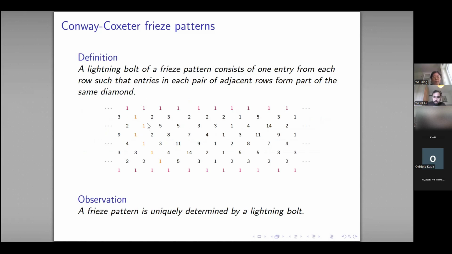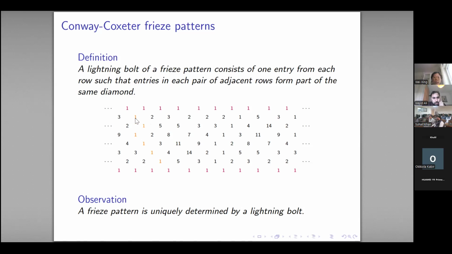So we pick one integer from each row such that the entries in each pair of adjacent rows form a diamond. So we can see that these two ones stay in the same diamond, and these two ones as well.